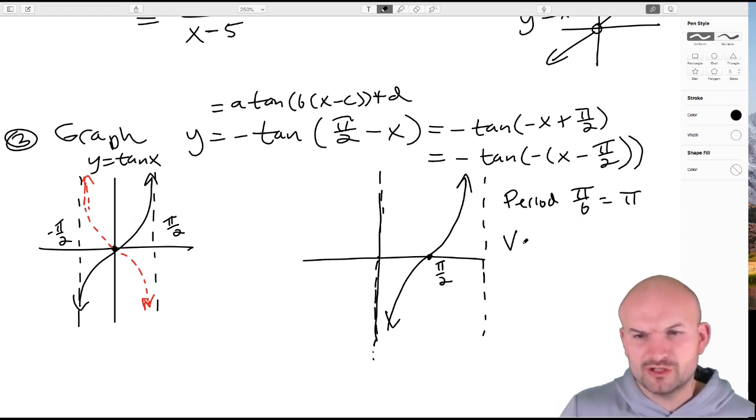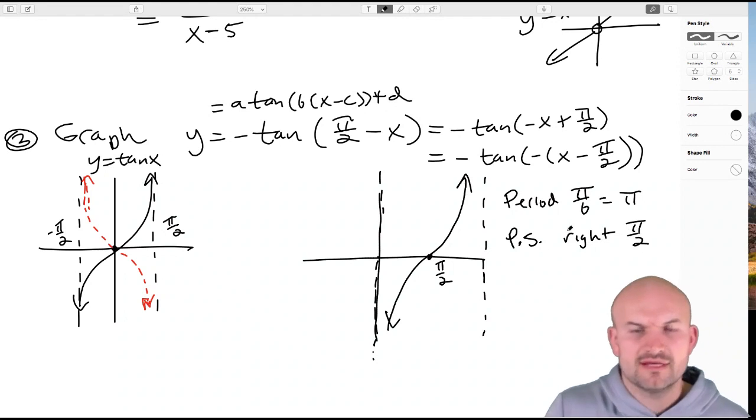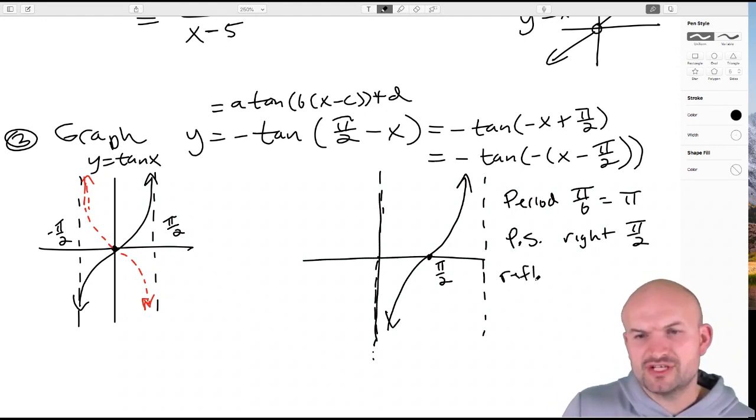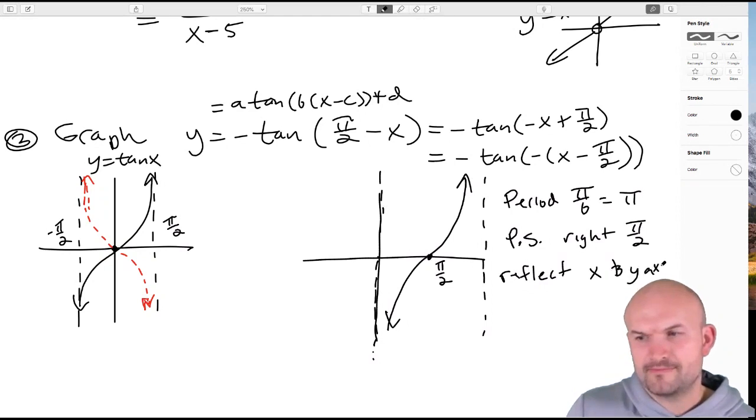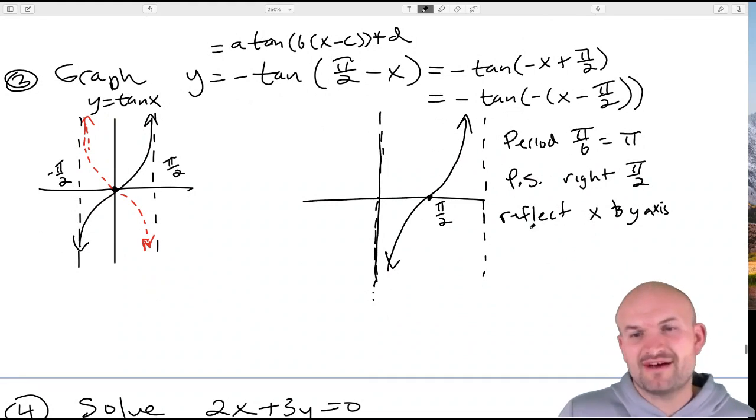We also have a phase shift, not a vertical shift, and that phase shift is right pi halves. We have a reflection about the x and y axis. And then last but not least, guys, we have to identify where the asymptotes occur.